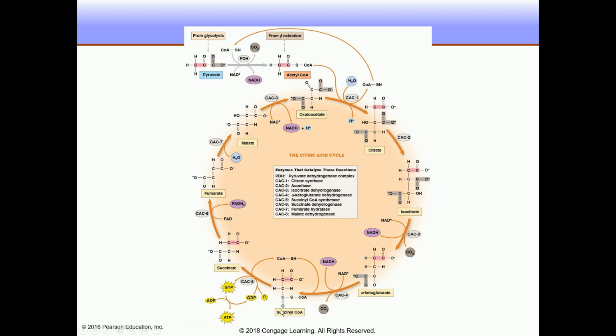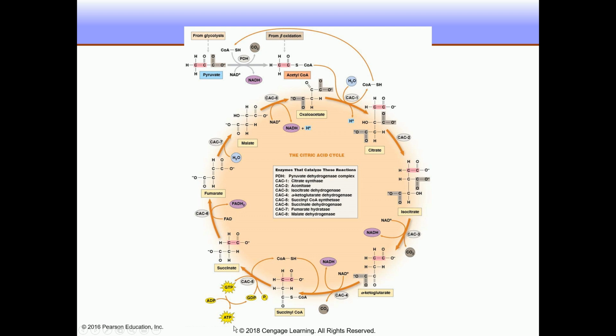Now succinyl coenzyme A in the next step is converted into succinate. In this step, when succinyl coenzyme A gets converted into succinate, it takes place with the help of the enzyme succinyl coenzyme A synthetase.